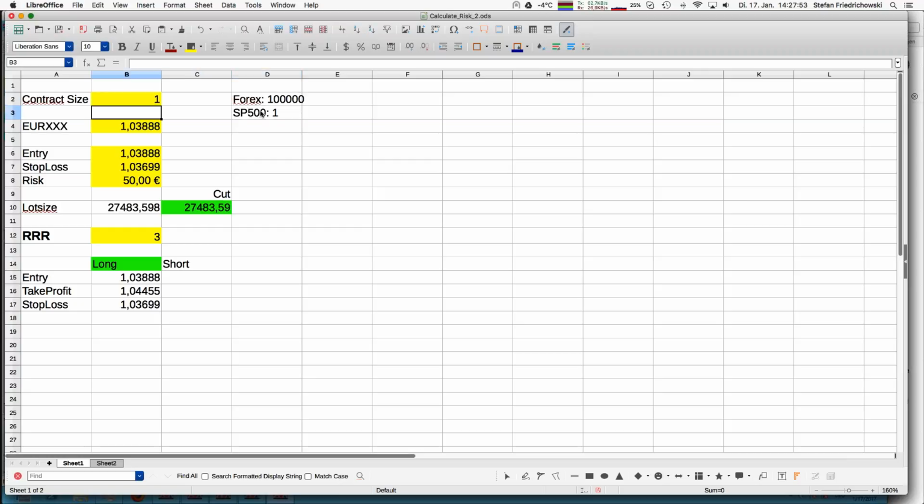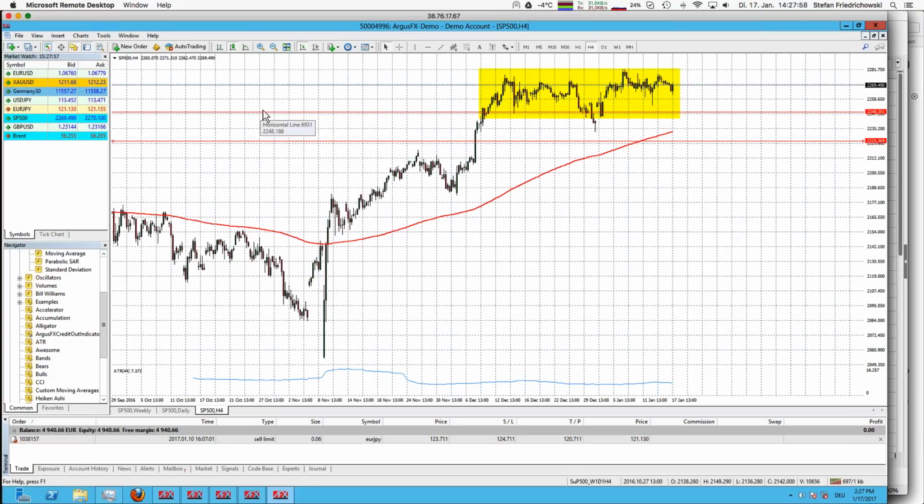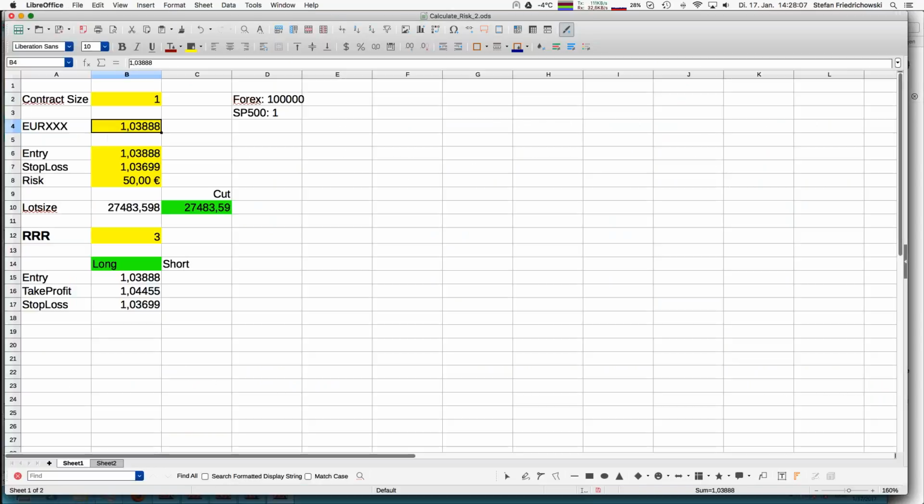So I have 1 here. Then we need the exchange rate Euro-US dollar. Okay. So Euro-US dollar is right now at a level of 1.067.